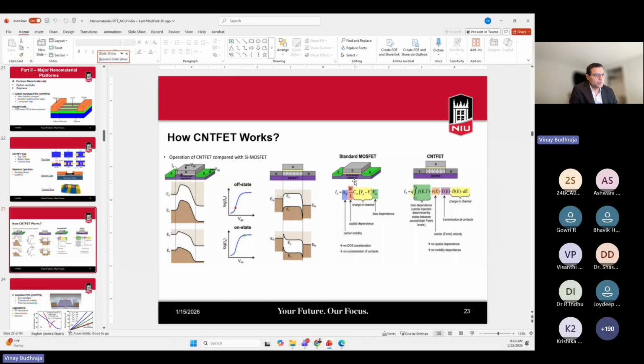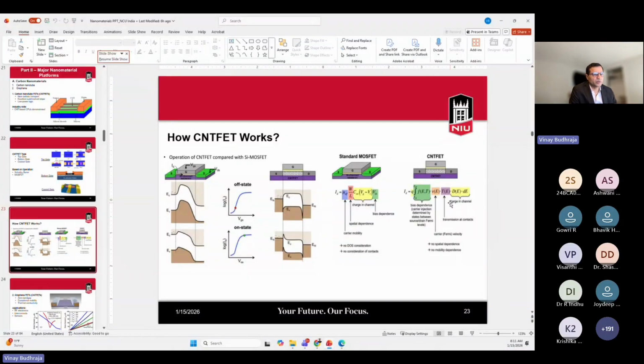The current is being controlled in standard MOSFET. You are aware of this standard formula, where drain current is dependent on the mobility, the ratio of width to length, and the C oxide. But in the case of carbon nanotube, because of the size shrinkage, you can see that the density of states changes with respect to the size, so that is being reflected in the estimation of the drain current.